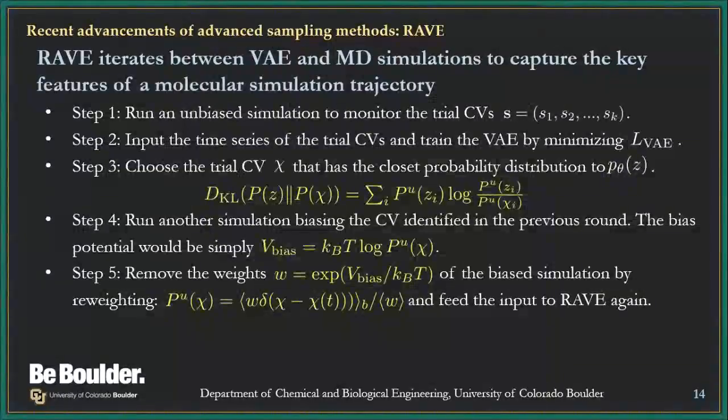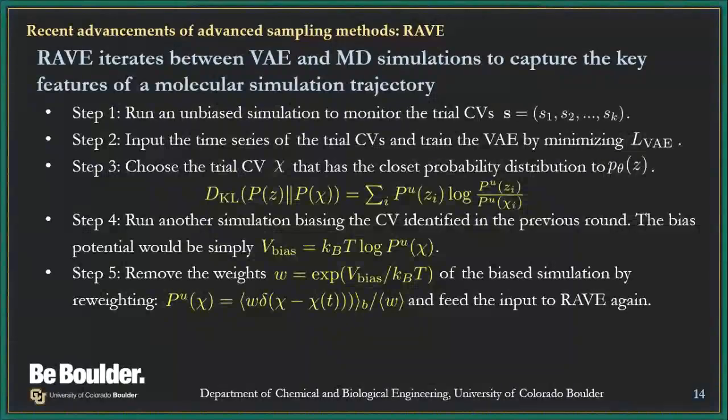It can only tell you from the set of candidate CVs that you define at the beginning. So you have to decide on a very large set of collective variables, and for the RAVE algorithm to tell which one might be the best.